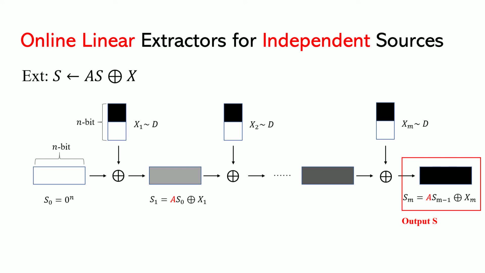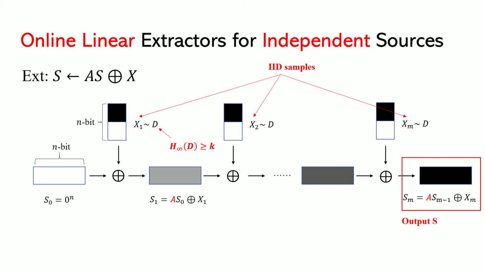Before we move on, I just want to emphasize once again the setting of online linear extractors. First of all, the weak random sources we want to accumulate are modeled as IID samples from the same input distribution. Secondly, the min-entropy of the input distribution is lower bounded by k, where k is a non-zero number. This is the only restriction we impose on the input distribution.